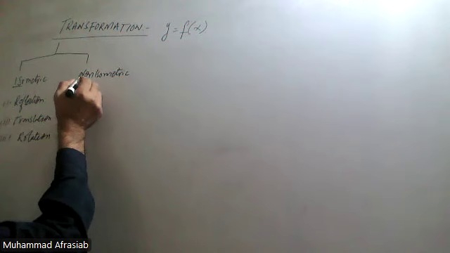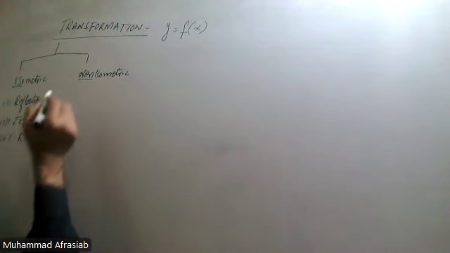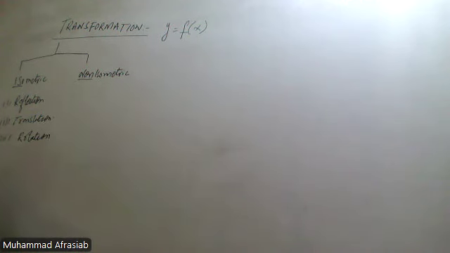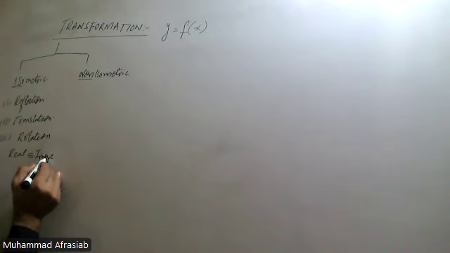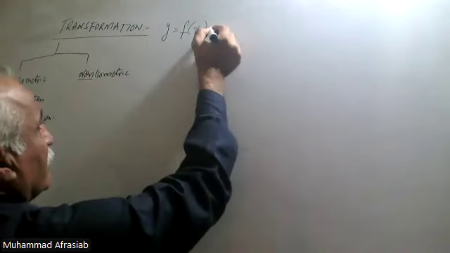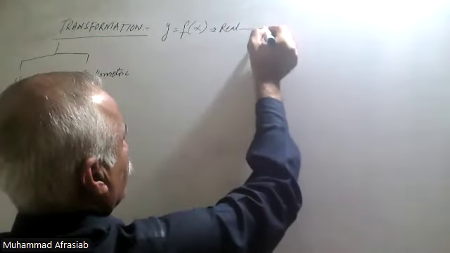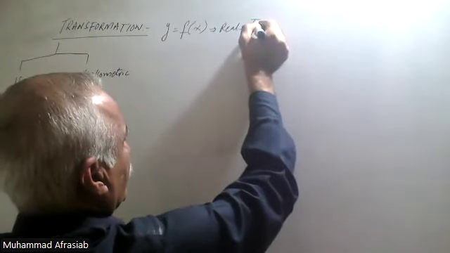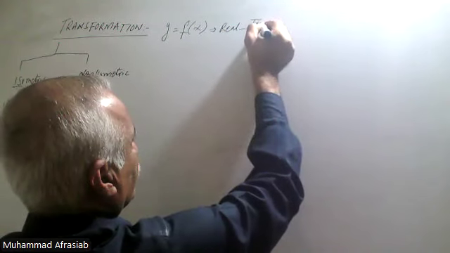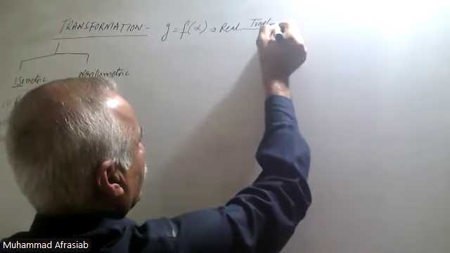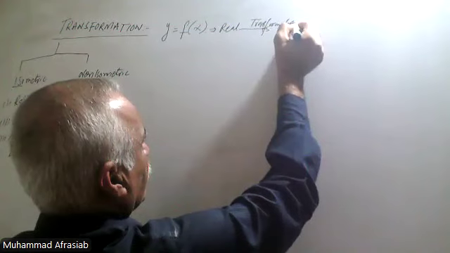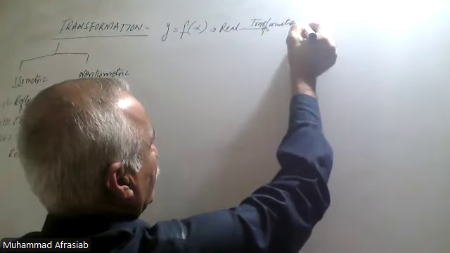In the non-isometric, because the word non is there, the measurements are not the same. Here we can say that the real is equivalent to the image. The real figure is given to you, then you apply the transformation properties and you get the image.